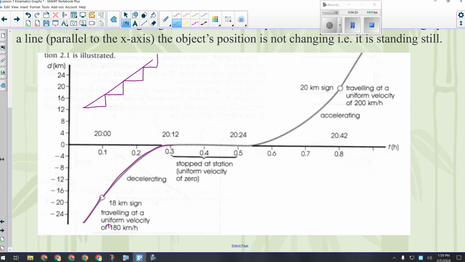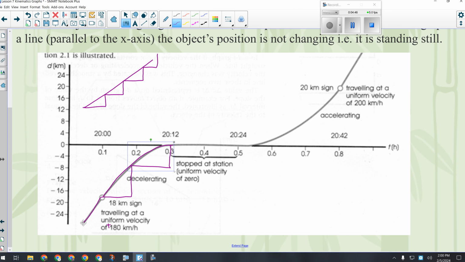So here's 0.1 hours. From here to here represents 0.1 hours. That is how far it went in that 0.1 hours. In the next 0.1 hours, it only goes that far. Is that less than here? That vertical line is shorter, right?